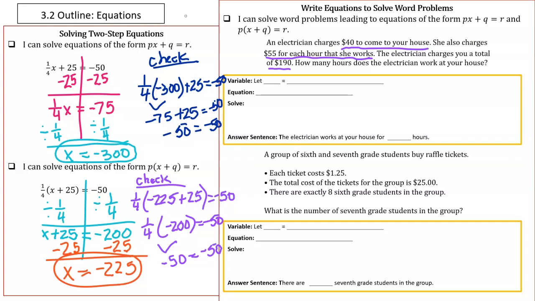All right, the first thing we have to do is define our variable. And I can do that by reading the question that they're asking me to answer. How many hours does the electrician work at your house? So the thing I need a variable for is my number of hours.